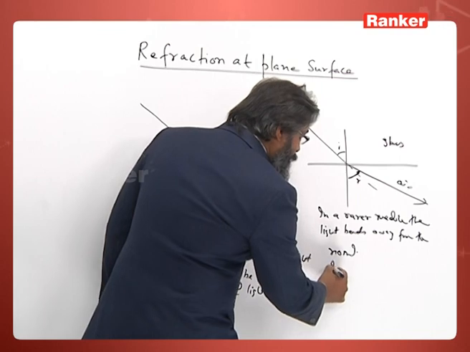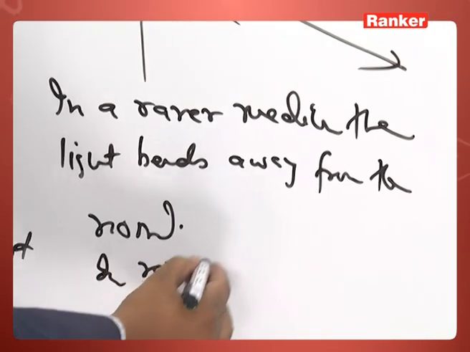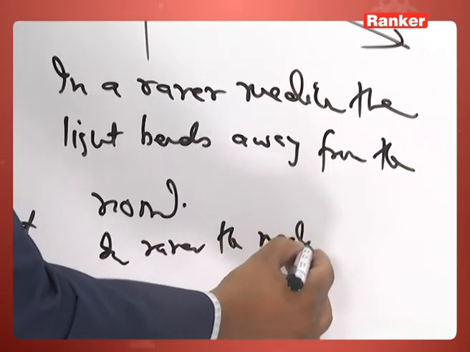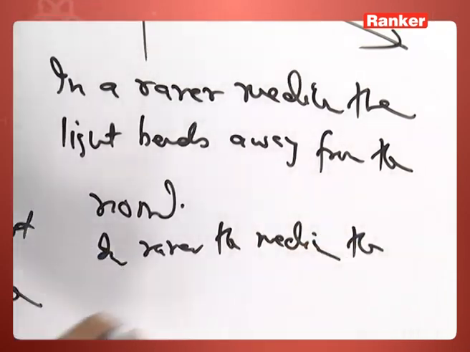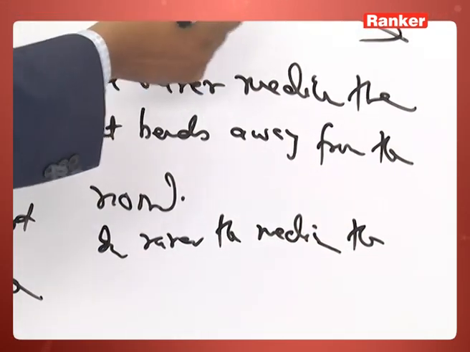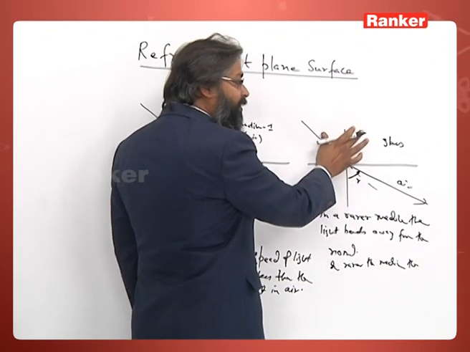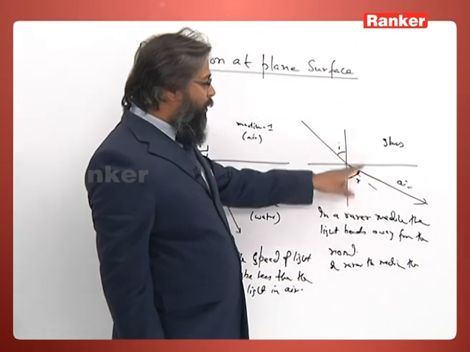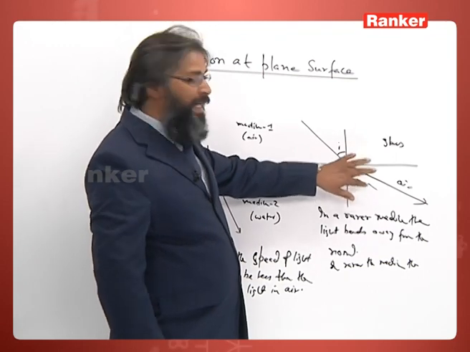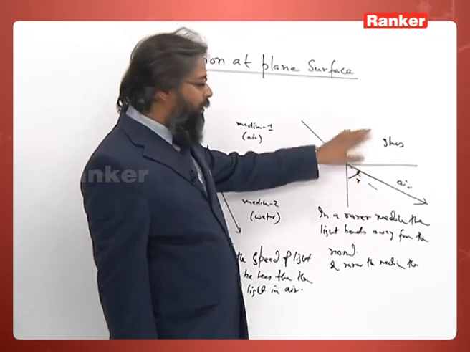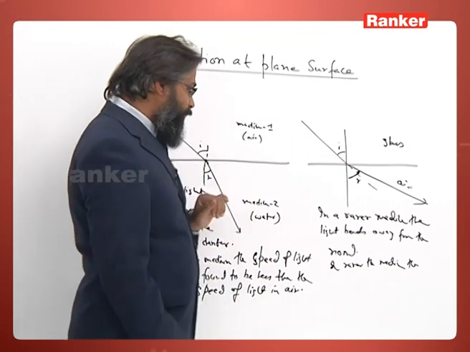In a rarer medium, the speed of light is comparatively larger than in the denser medium. So, rarer and denser means we can compare the speed of light in the mediums.